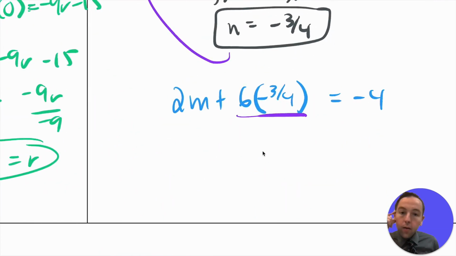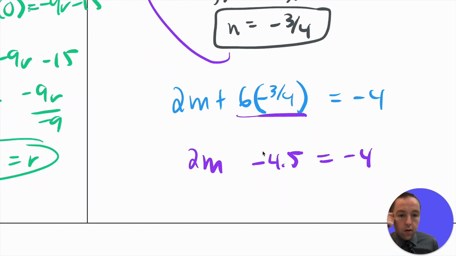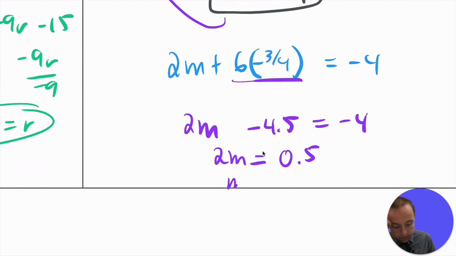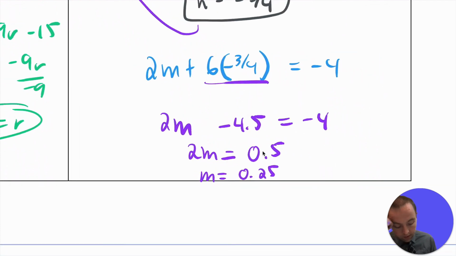If you multiply right there, that's negative 18/4, which is the same thing as negative 9/2, which is actually negative 4.5. So 2m minus 4.5 is negative 4. Then you can add 4.5 to both sides to get 0.5 on the other side, and if you divide by 2, you get 0.25 or 1/4 for your m value.